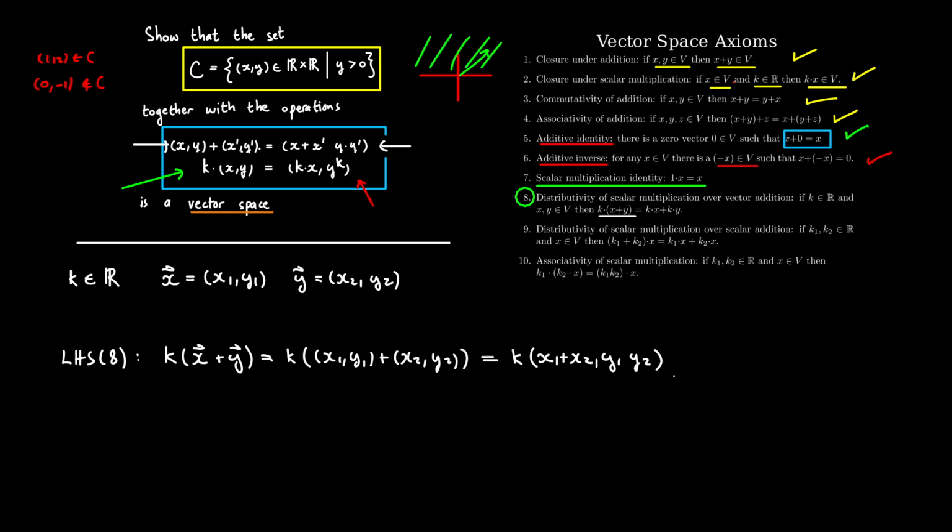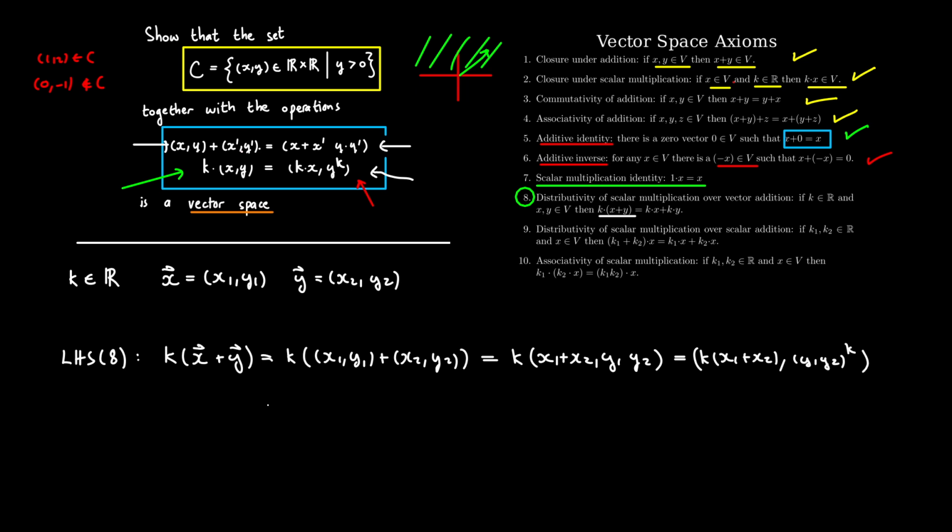Okay. Now we refer to the next law here, the scalar multiplication. And we can check here that this is just k times, so this is the usual times now, k times x1 plus x2. And then here we have y1 times y2 to the power of k. So we have this.